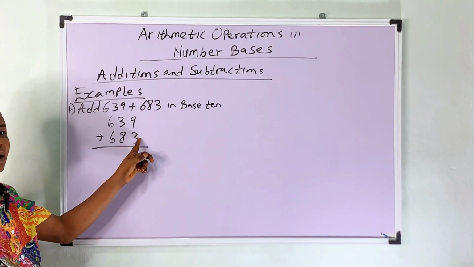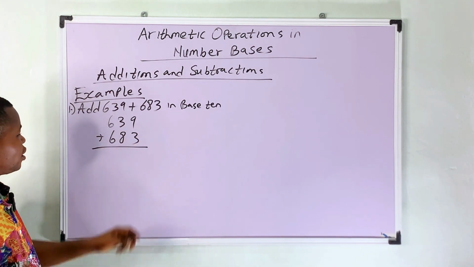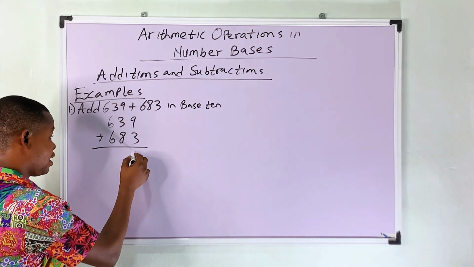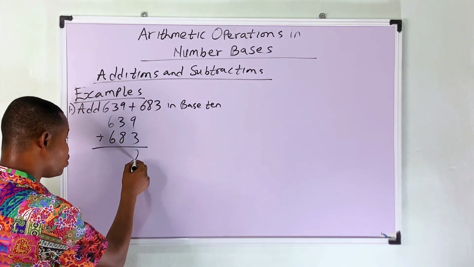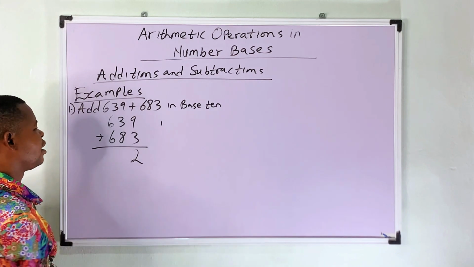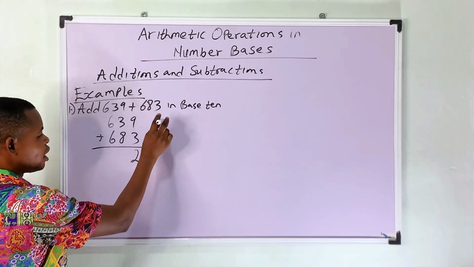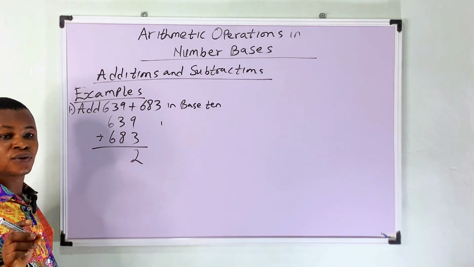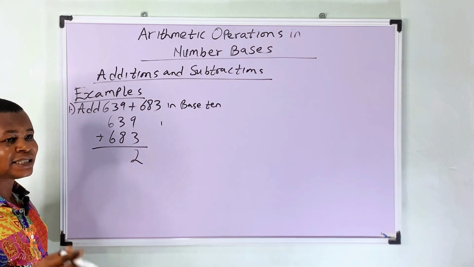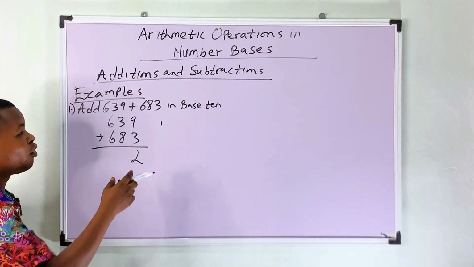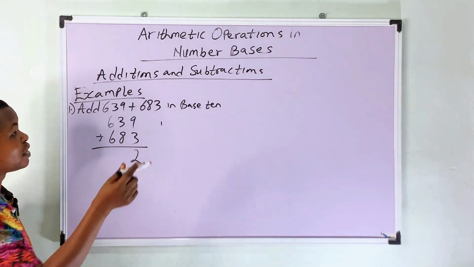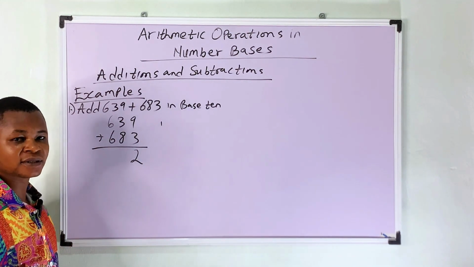9 plus 3, that is 12. Every one of us understands quite all right that we write 2 and we keep 1. What brings about this 1? Many of us cannot explain. And that is the rudiment, that is the foundation of the problem we have in solving arithmetic operations in other bases.